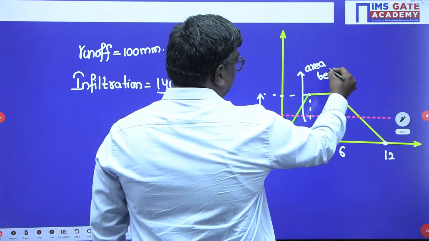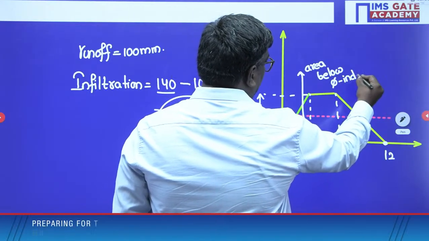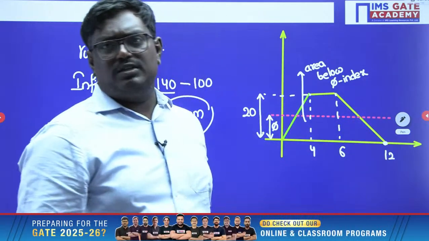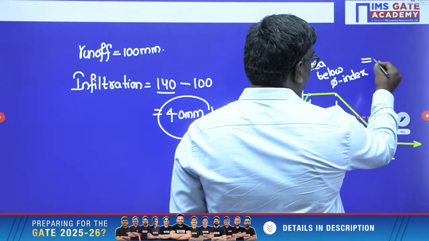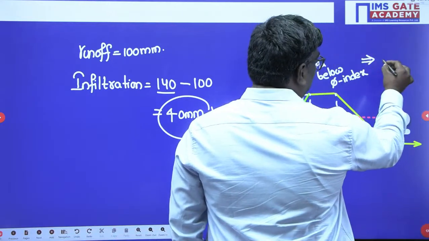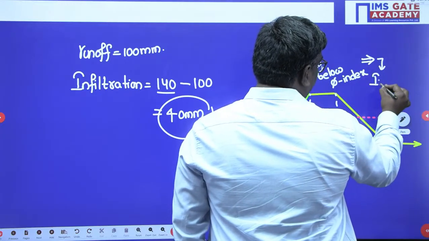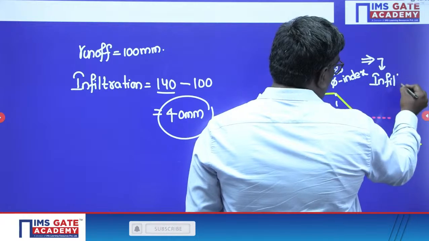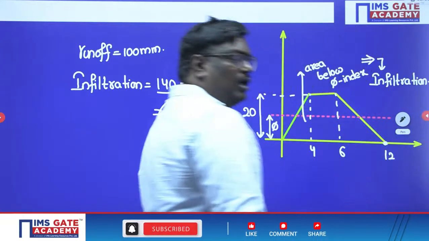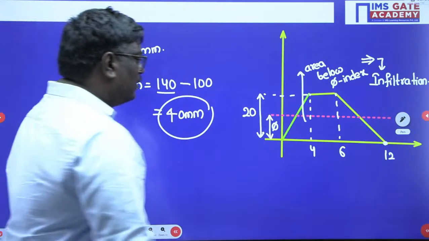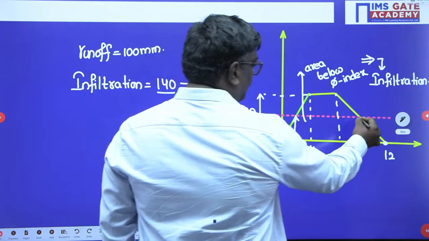Area below phi index line will be equal to, students, just now I told you, area above is what, sir? Runoff. Area below phi index is nothing but infiltration. Okay, now see, students, I don't know what is this distance, right?